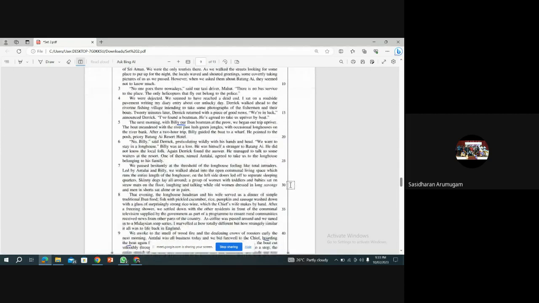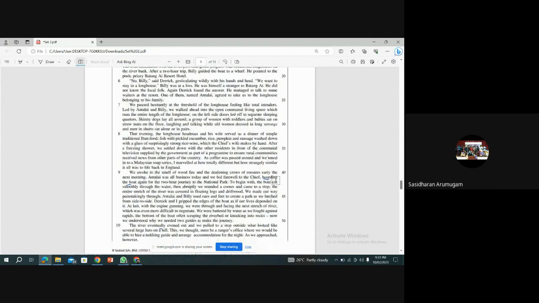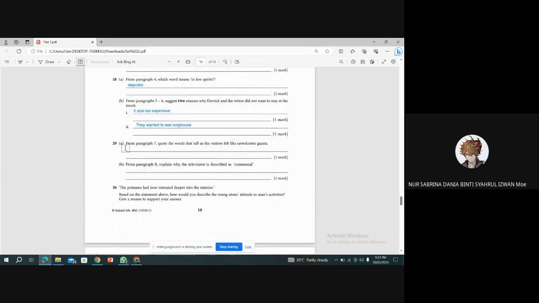Longhouse, feeling like total intruders. Intruders. Okay.